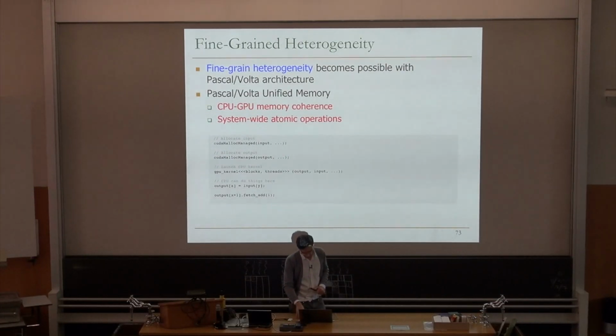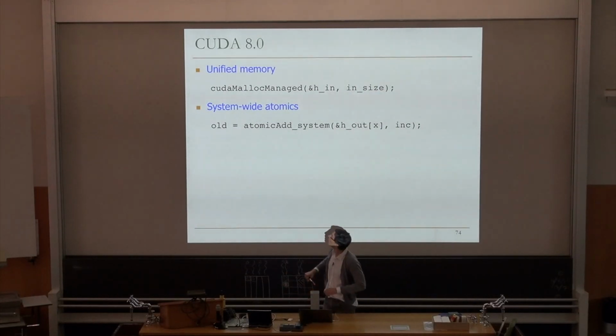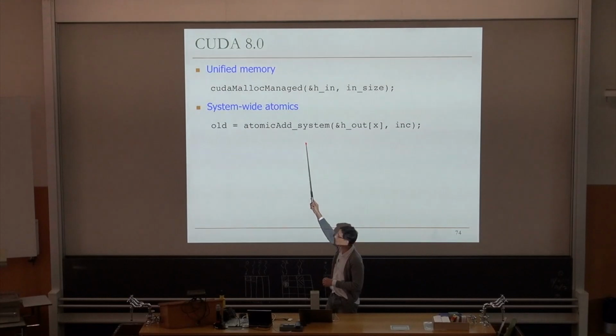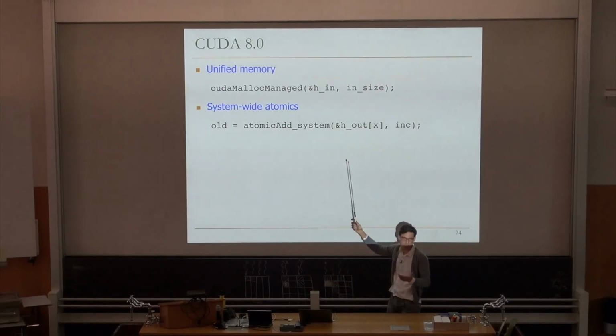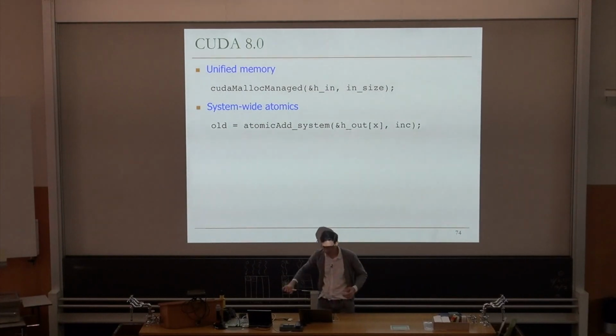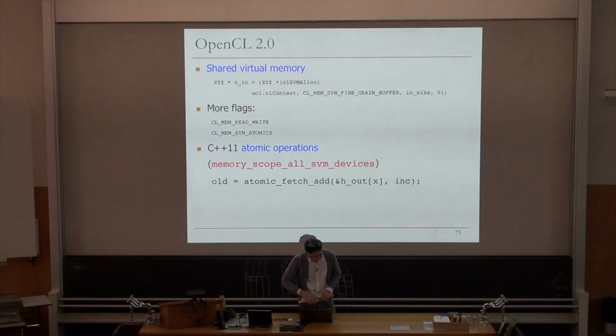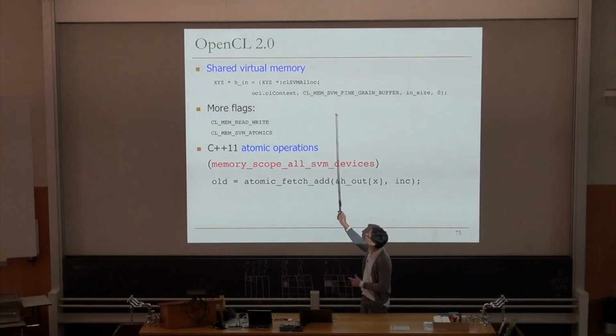This feature is not only available in CUDA; these are the cudaMallocManaged instruction and an example of a system-wide atomic, showing how to modify some element in the output that resides in the unified memory from a GPU thread. But we have very similar constructs in OpenCL.